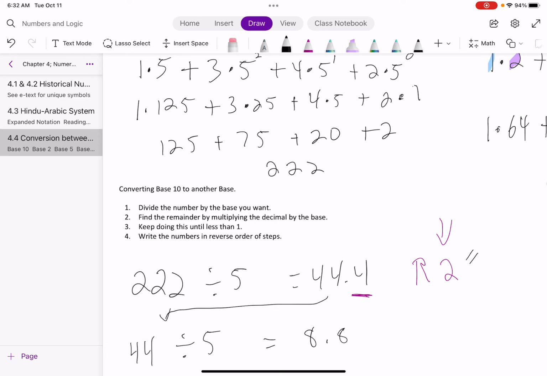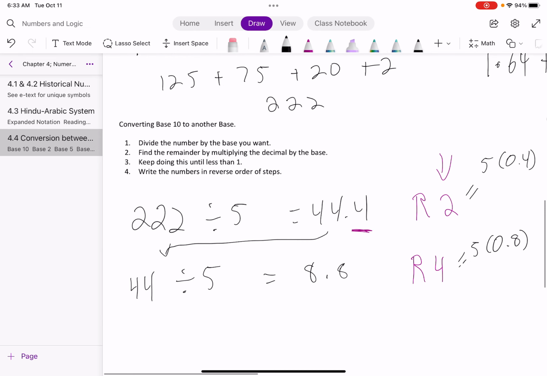So how did I get this guy right in here? This was 5 times 0.4. And now I'm going to go back to my red. So red 4, because 5 times 0.8, the decimal piece, will give me 4.